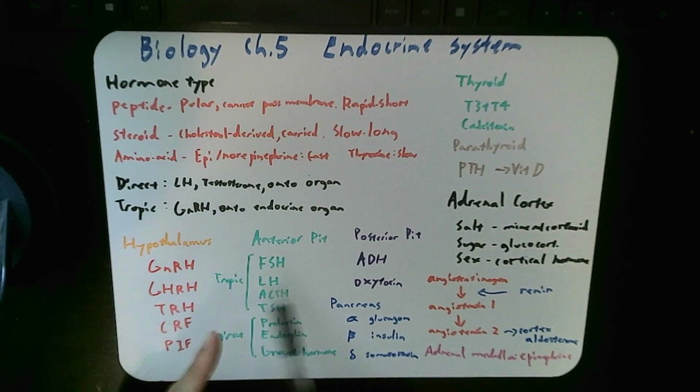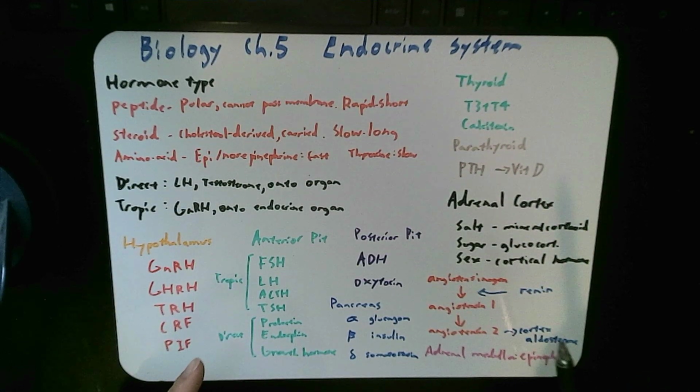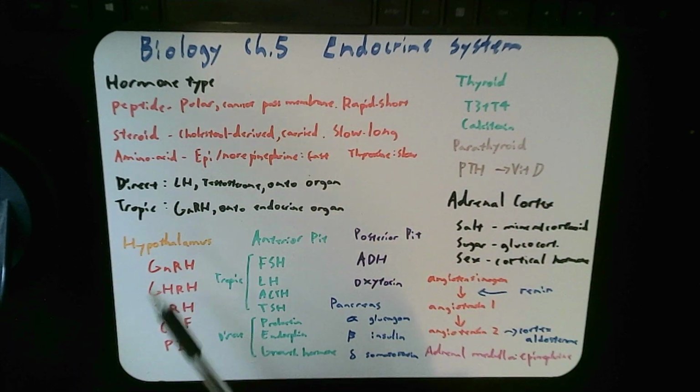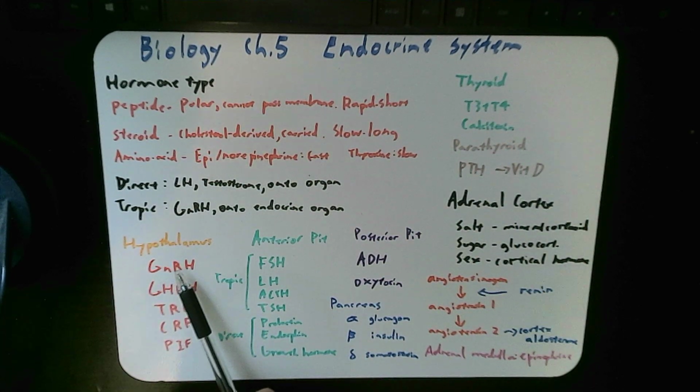Once they act onto the gonads, which are the ovaries, the production of estrogen will inhibit the gonadotropin releasing hormone in the hypothalamus and provide this negative feedback so that no additional ones are made.